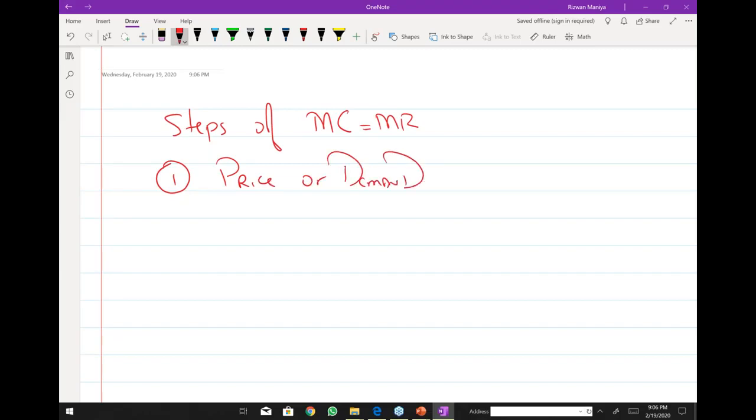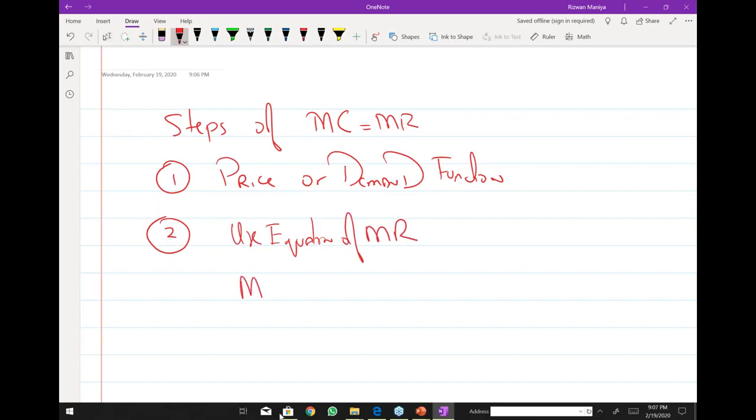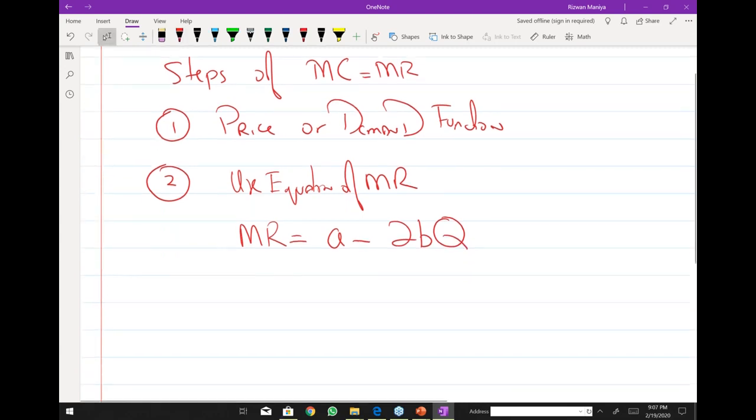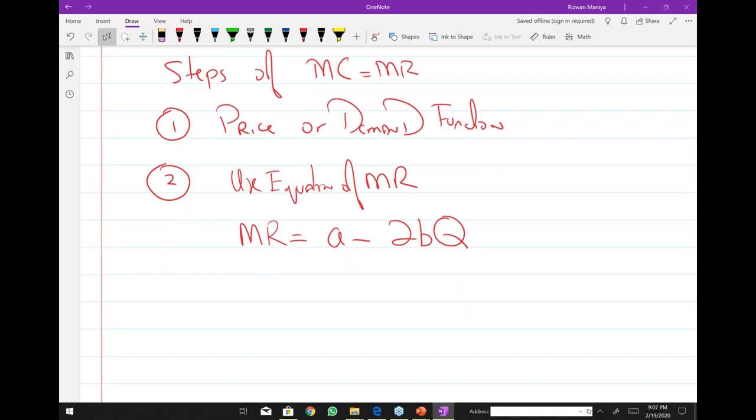The first step is you need to find out the price or demand function. Second step is you need to use the equation of MR, and the equation is marginal revenue is equal to A minus 2BQ.